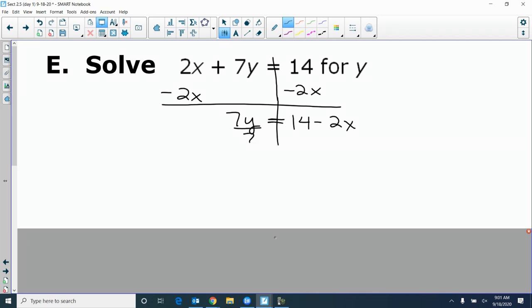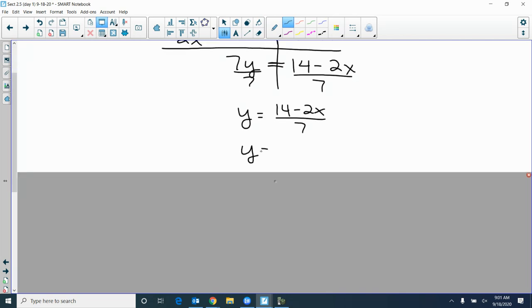So maybe it might be better if you divide each piece by 7. Well, actually, I want to do it in 2 steps. Okay, so I'm going to divide everything by 7, which gives me 14 minus 2x over 7. If this is a constant, then I want to break it apart and see if I can simplify it. So now, this becomes 14 divided by 7 minus 2x divided by 7.